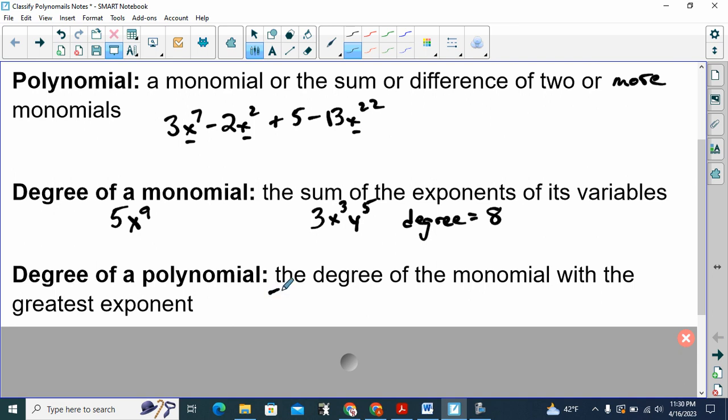So if I have 7x to the 8th minus 9x squared plus 5x to the 10th minus 3, you look at all the exponents, 8, 2, 10, 0. This is the same as x to the 0 if there's no x there. So the biggest exponent is 10. So the degree of this polynomial would be 10.